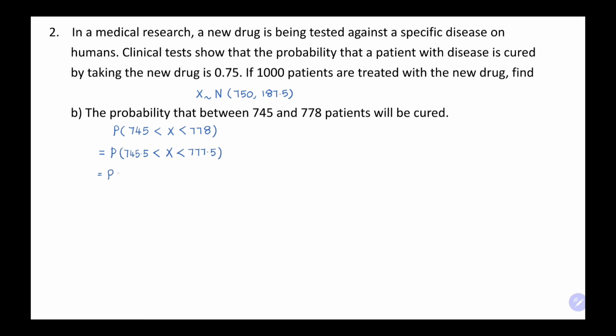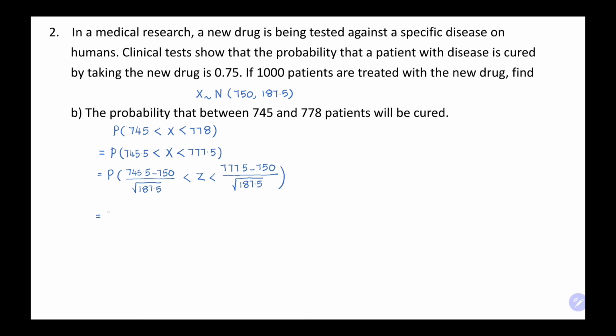After that, we convert to Z. (745.5 minus 750) divided by square root of 187.5, and (777.5 minus 750) divided by square root of 187.5.